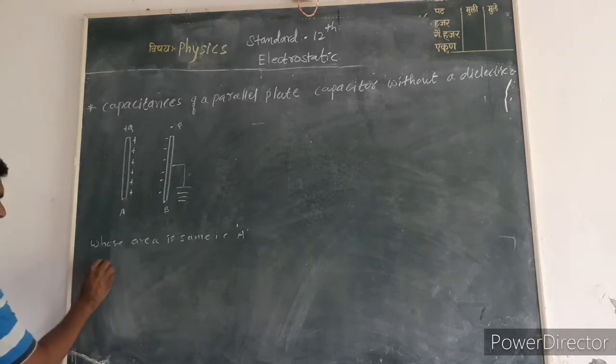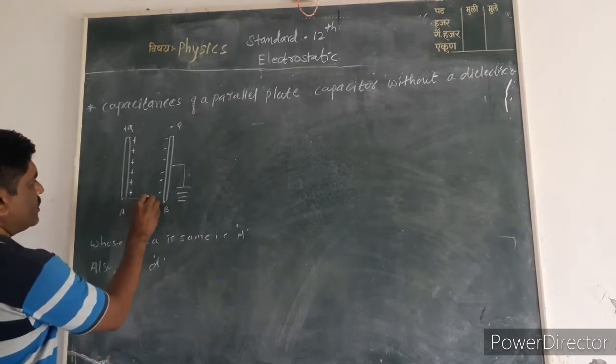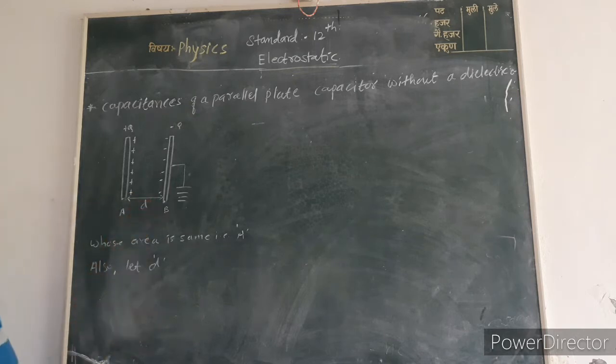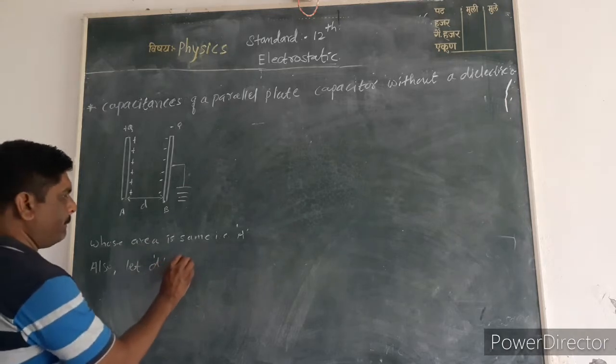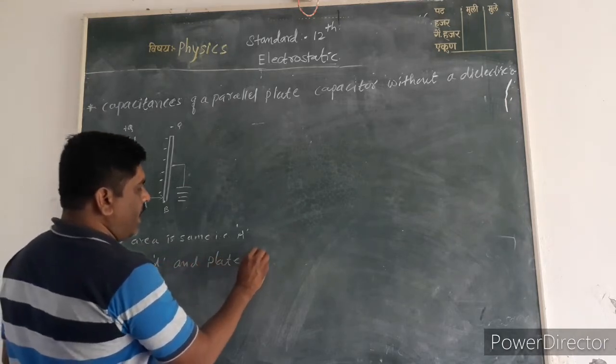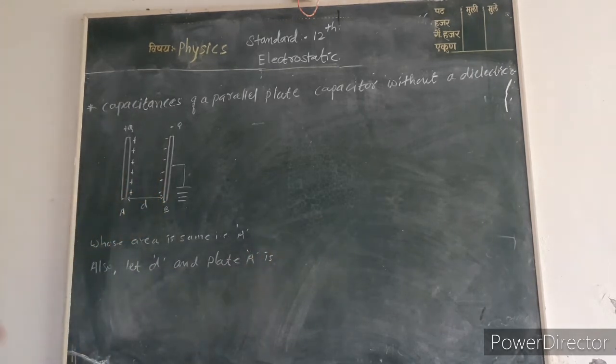Also, let D be the distance between them. And plate A is insulated by means of paper or by means of wire.